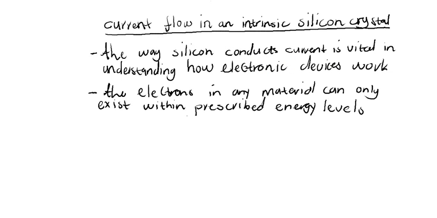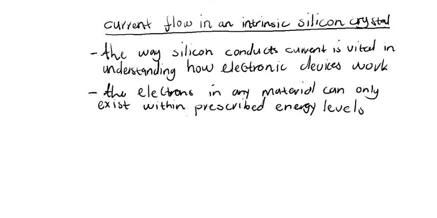The electrons in any material can exist within prescribed energy levels, and these energy levels are the same as the shells or the orbitals. Sorry guys, I'm confusing things, please forgive me.